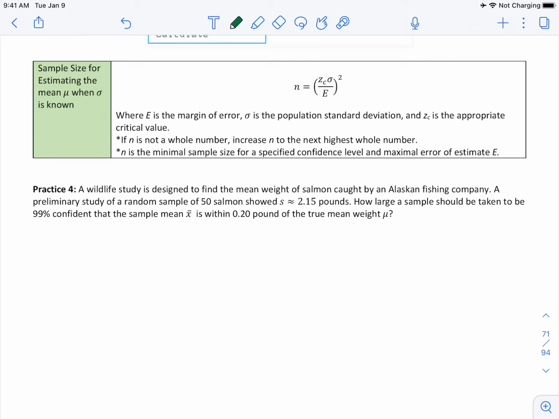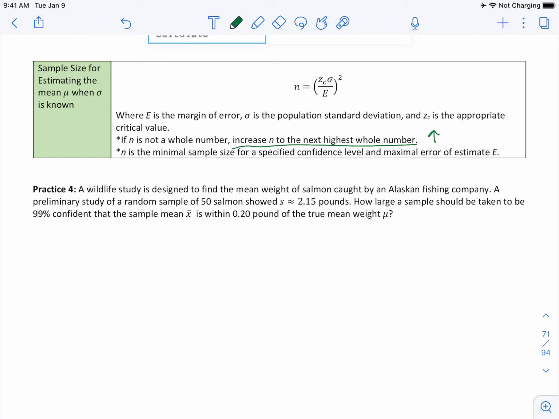So we have this formula, n equals ZC times sigma divided by E, and that is squared. This is where E is the margin of error, sigma is the population standard deviation, and ZC is the appropriate critical value. If n is not a whole number, increase n to the next highest whole number, so you always round up. N is the minimal sample size for a specified confidence level and a maximal error of estimate E.